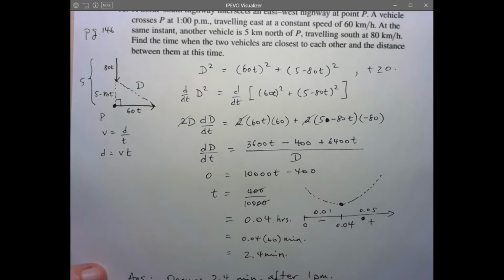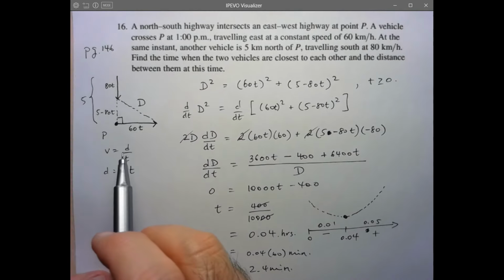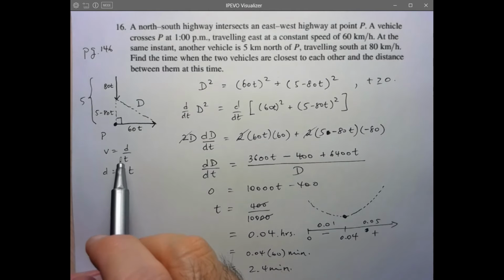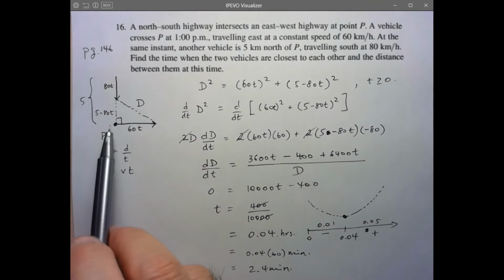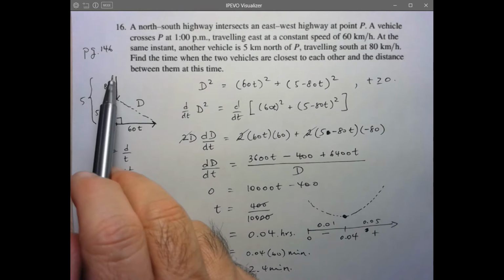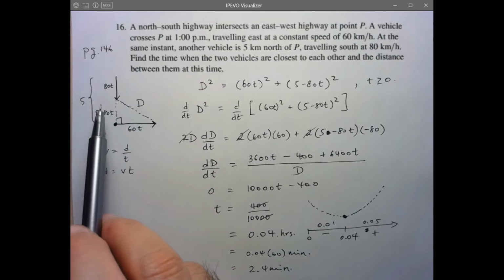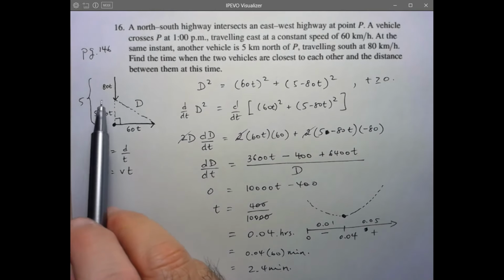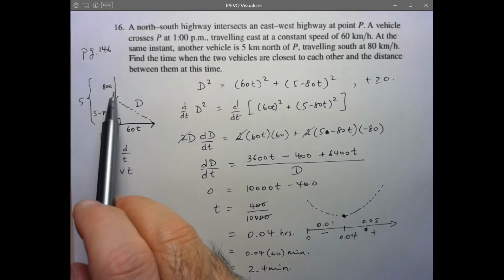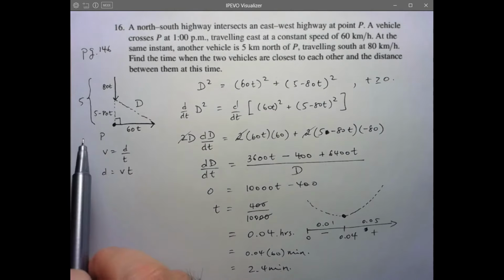All right, so let's just do a quick recap. Again, a good diagram is always important. Remember that the first car was leaving from point B and moving in the eastward direction. The other one was starting from the north, moving towards P. When you draw your diagram, you want to draw some random point in time, so you don't want to draw it so that it actually reaches P. It's gone some distance, you don't know how far.